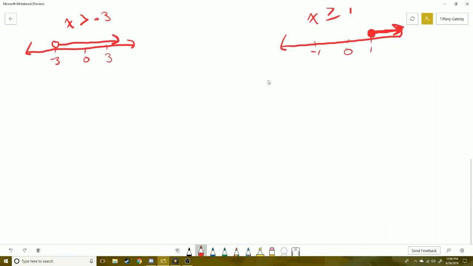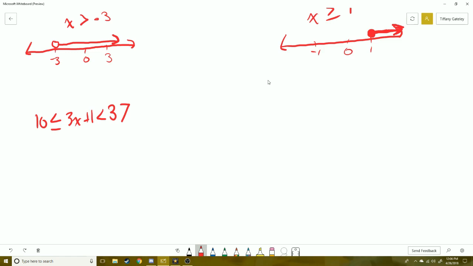Alright, now we're going to do another example. 10 less than or equal to 3x plus 1 less than 37. So how do we solve this one? Well, we solve this one by keeping all sides equal.